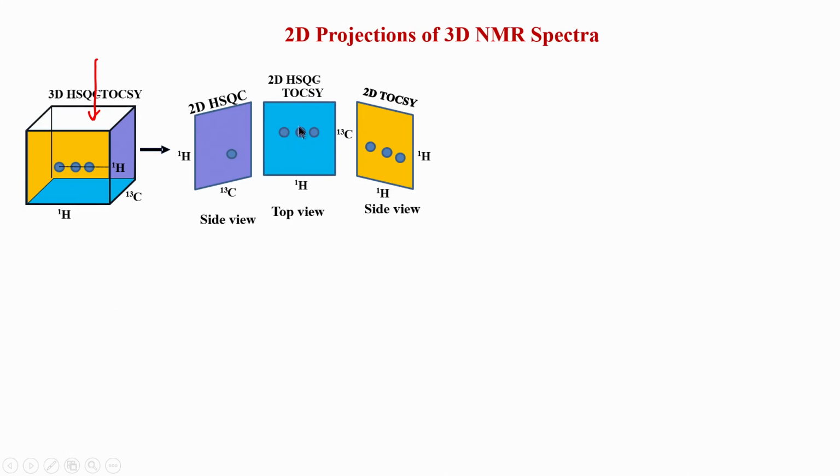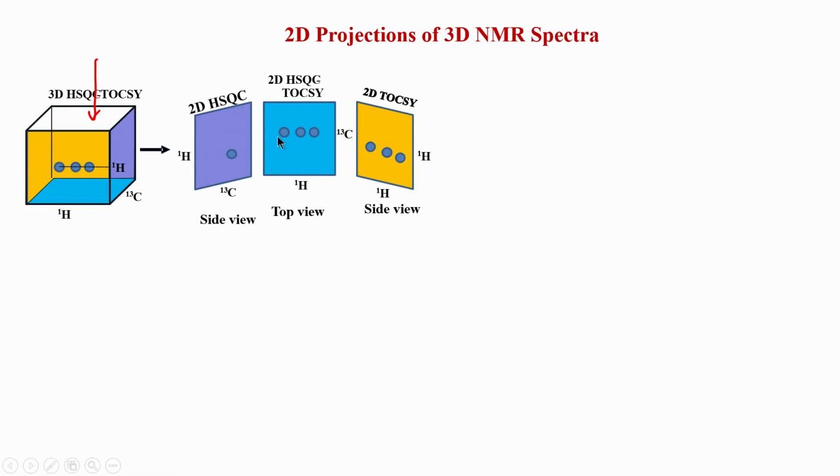You have to refer to the previous slides where we looked at these three spectra separately, and with reference to that you will be able to follow how these projections look. Now, the third projection is the yellow color, which is the side view. I am looking from this side, where my arrow is pointing. If I look at this side, I get proton-proton correlations, and that is again a spin system.